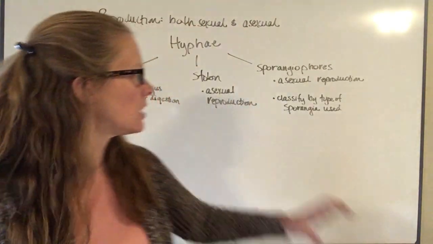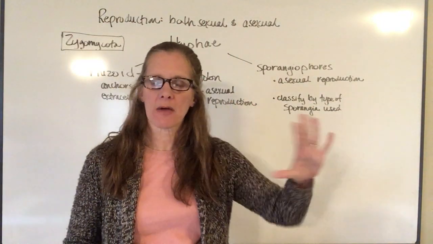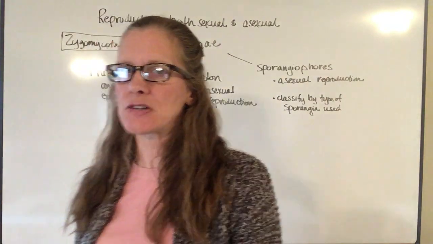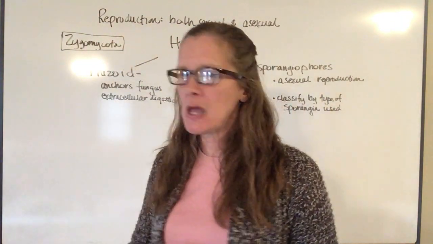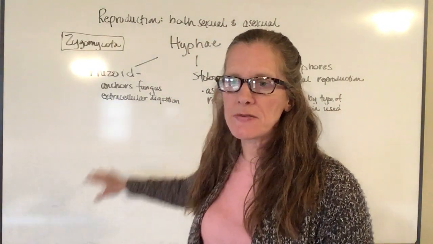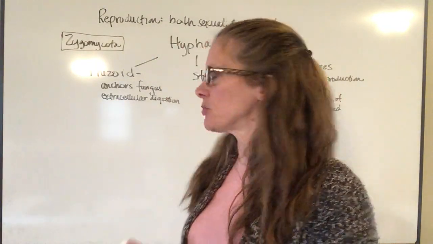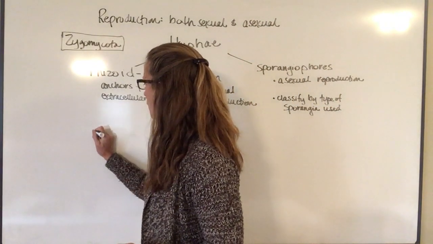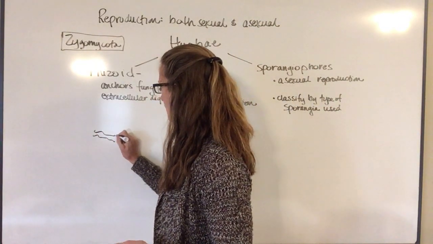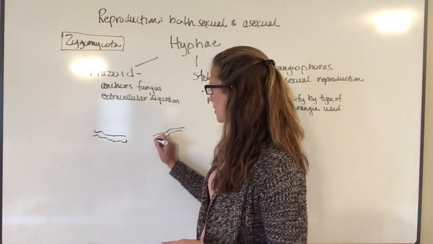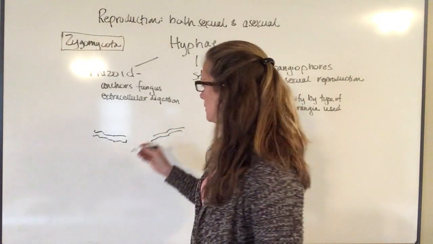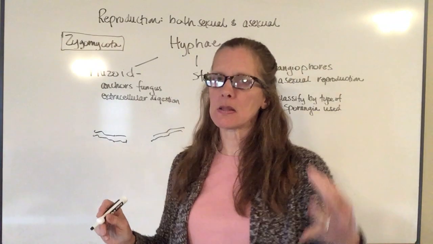asexual reproduction in this phylum, but let's talk about the sexual reproduction because that's what classifies Zygomycota in this particular phylum. So on the rhizoid hyphae, underneath the surface, what happens is you've got one hyphae that's going to come over this way, and you've got another hyphae that's going to be coming over this way, and they don't have male and female.